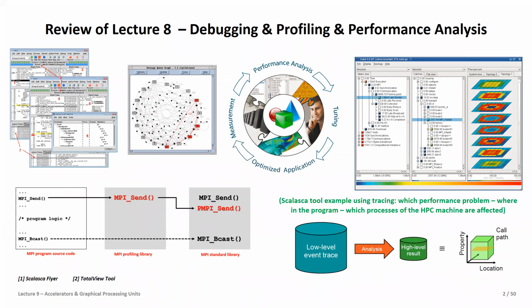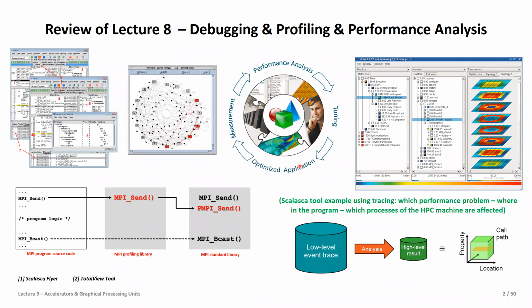You see it centrally here in the middle of the slide: you have an application, you want to measure it in order to understand what performance there really is on the HPC machine. Then you analyze the performance using some tool set, and you can tune, you can change the code so that it better exploits the HPC system, or avoids some common patterns of problematic behavior and performance behavior.